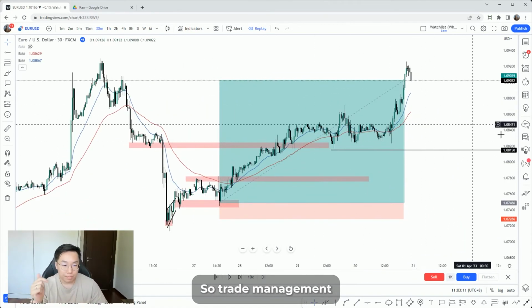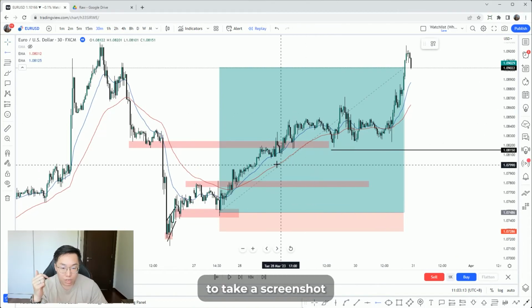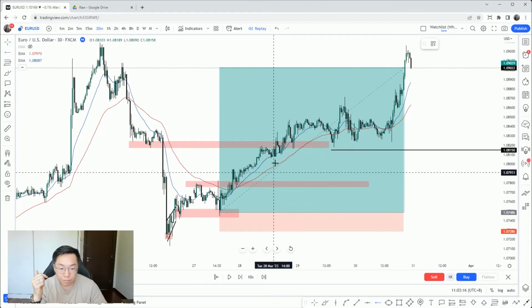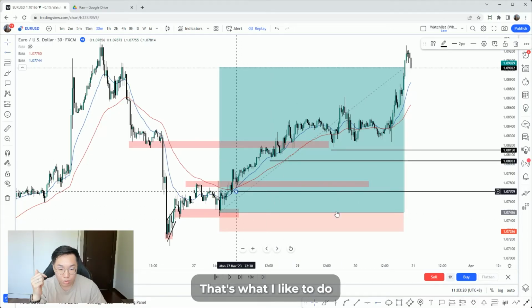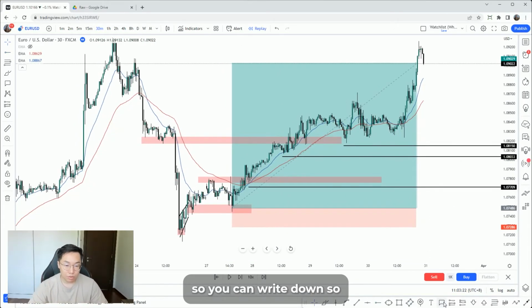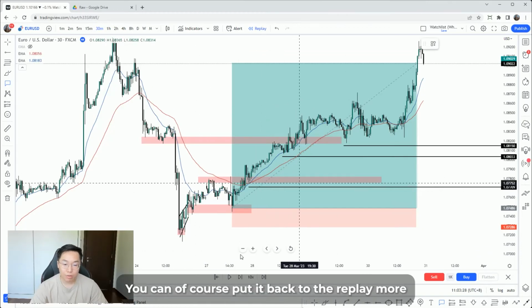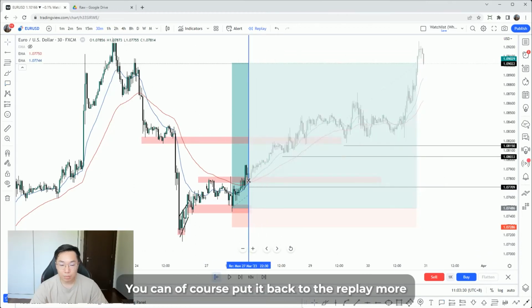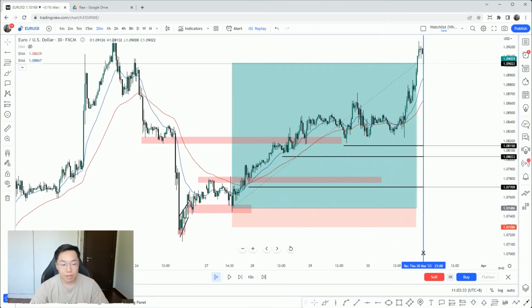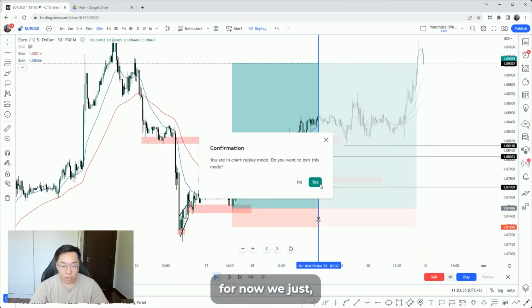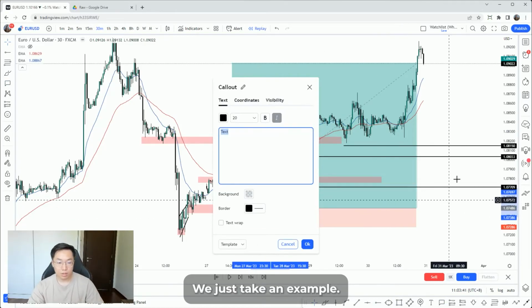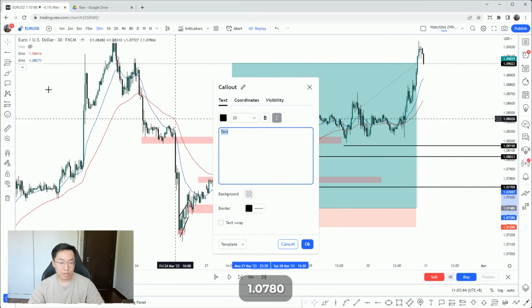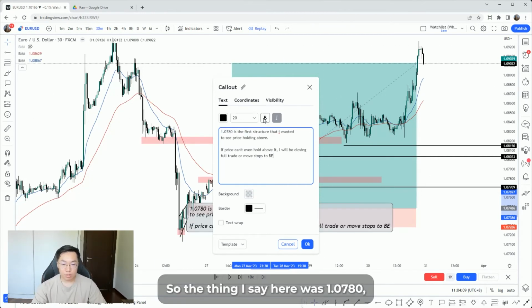For trade management, you can take a screenshot of all the areas where you trail your stops. That's what I like to do, so you can write it down. There are different ways you can do it. You can of course put it back into replay mode and do it one by one, but for now, we just take an example. 1.0780, that's what I've written.